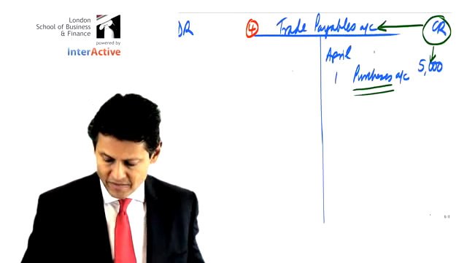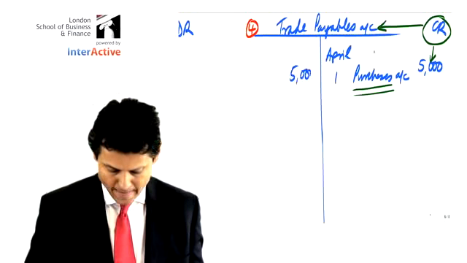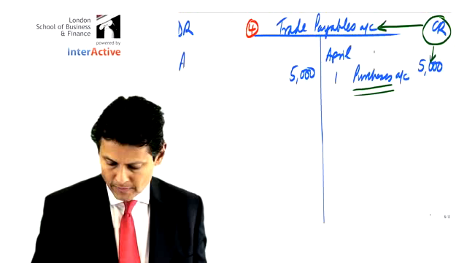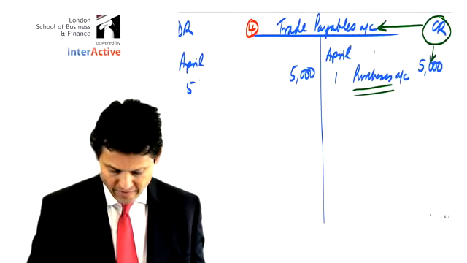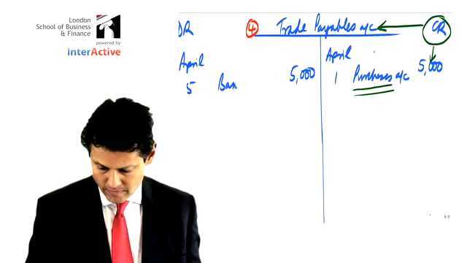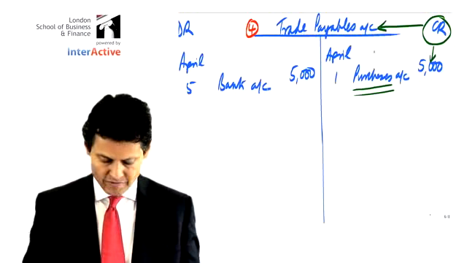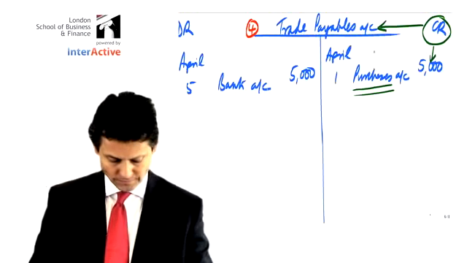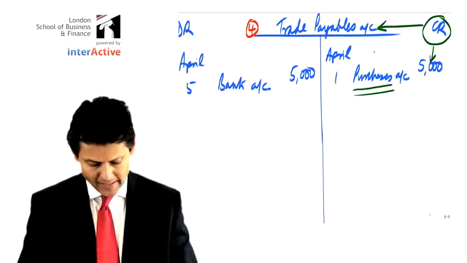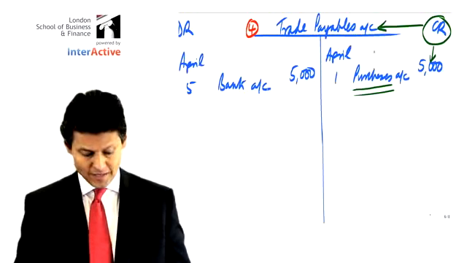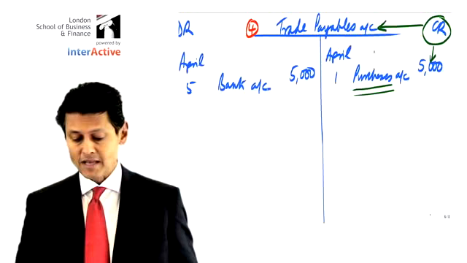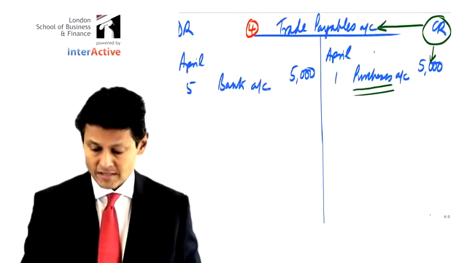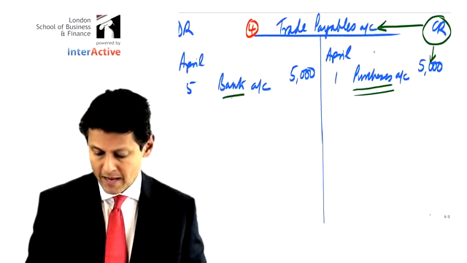So let's put that 5,000 into place over here. April the 5th, bank or cash, 5,000. And clearly, if you debit trade payables, you need to credit something. That something, as you'd imagine, is indeed this bank account.